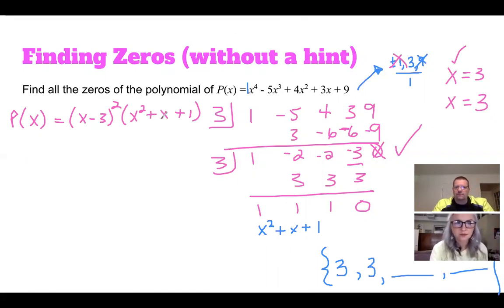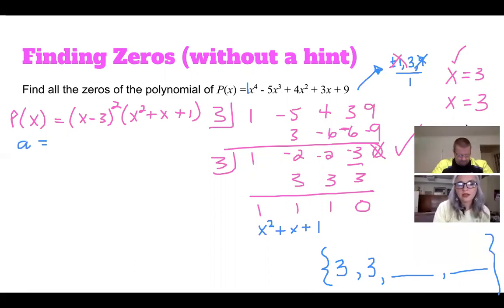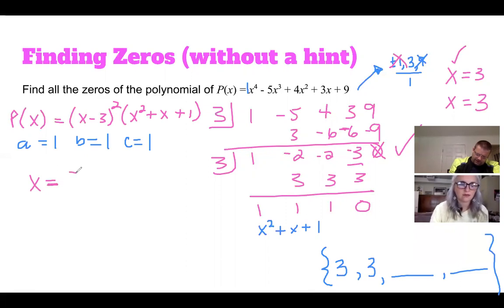So now I've got it down to a quadratic that I can't factor. What do we do with a quadratic we can't factor? Well, we know A is 1, B is 1, and C is 1. So how about we just go straight to the quadratic formula? We would do negative 1 plus or minus the square root of 1 minus 4 times A times C, which is 1, over 2A, which is 2.